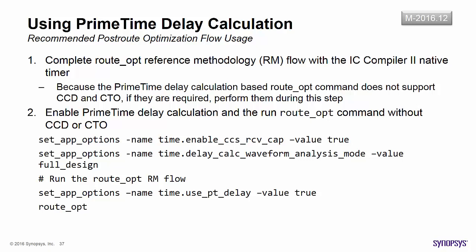Complete route_opt of the RM flow with the ICC II native timer, because the PrimeTime delay calculation based route_opt command does not support CCD and CTO if they are required. Perform them during this step. Enable PT delay calculation and then run route_opt command without CCD or CTO. So set app option time use PT delay value true and then run route_opt.